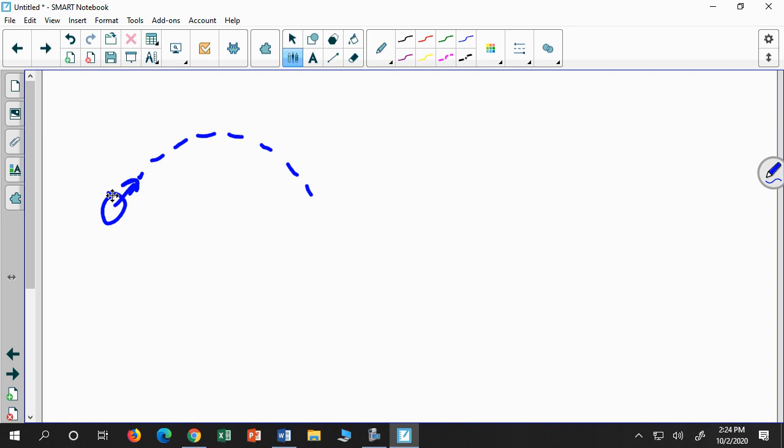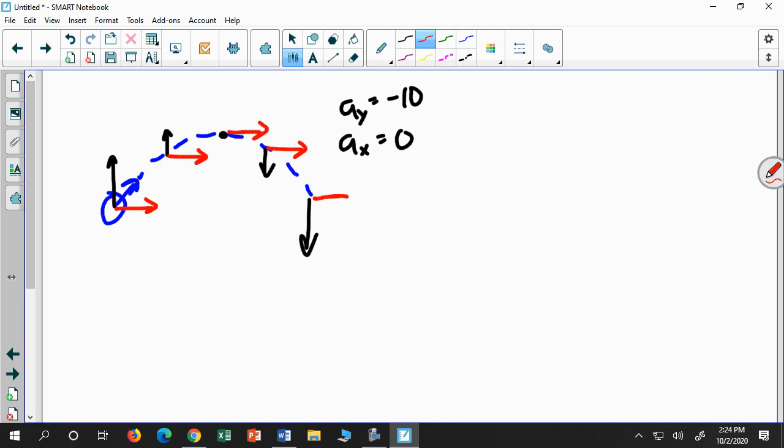So remember what the velocity vectors do. The velocity in the y direction starts out big, gets smaller, goes to 0, gets bigger in the negative direction. The acceleration in the y direction is -10, the acceleration in the x direction is 0, and the x velocity starts out whatever it is and then continues on with that motion.